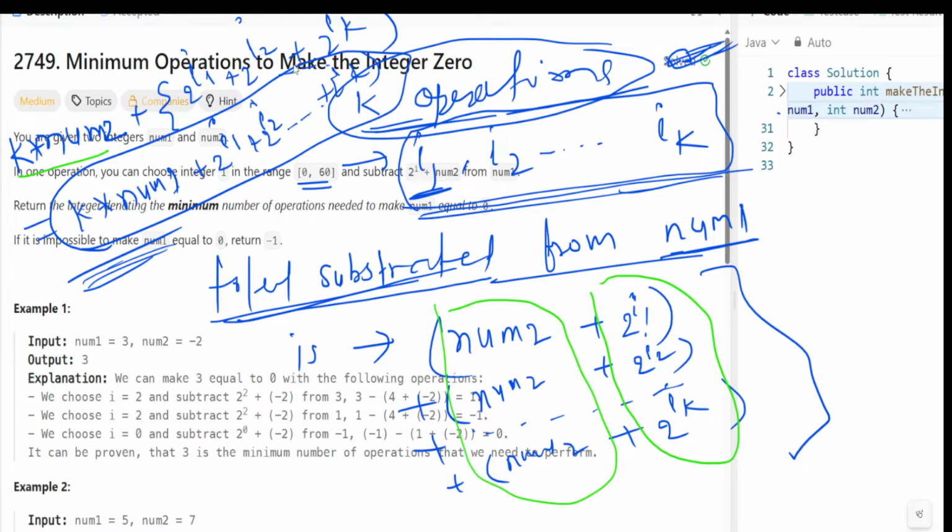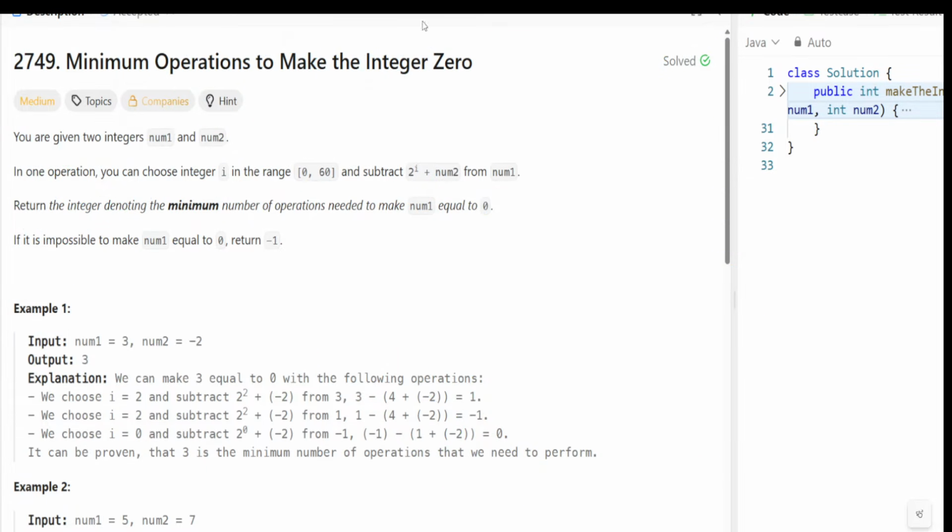Okay, so it was k into num2 plus 2 to power I1 plus 2 to power I2 plus 2 to power Ik, and there were many elements there. Okay, for now we can say.